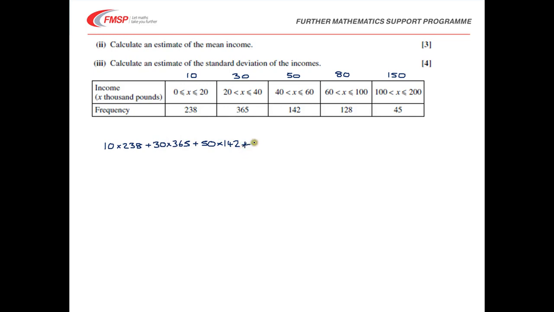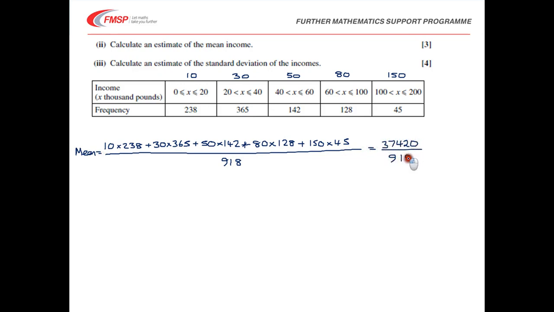Then there are 128 with a nominal value of 80 and 45 with a nominal value of 150. And we divide that by the total, which is 918. So this is the mean, and that comes out to be 37420 over 918, which is 40.8.